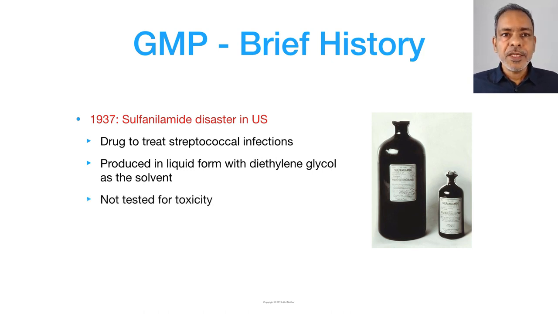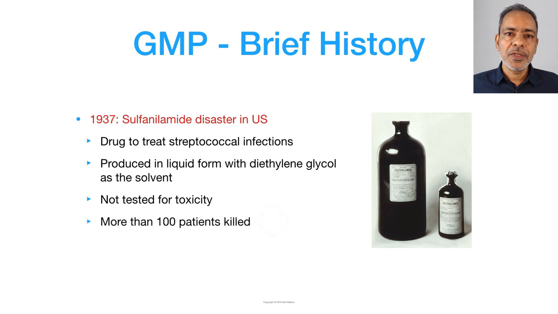And before sending it to the market, the manufacturer tested the new liquid medicine. They called it elixir sulfanilamide, and tested it for flavor, appearance, and fragrance, but not for toxicity.